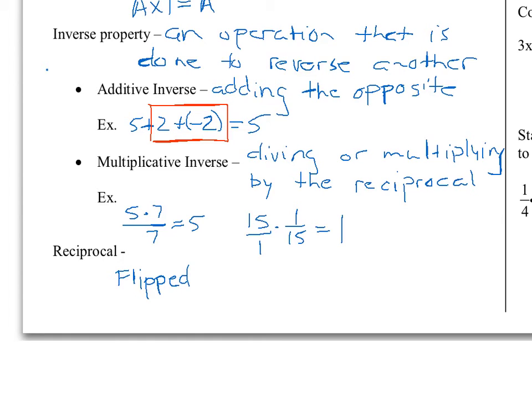Somebody help clarify. He's saying, what's flipped here? Second fraction. It's a fraction that's flipped over. So in this case, we took the whole number 15, we made it 15 over 1, so it was a fraction, then we flipped it over. That's how we multiplied by the reciprocal.